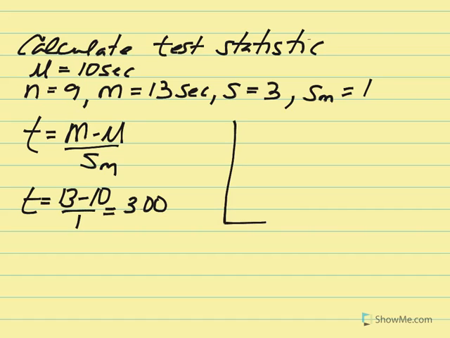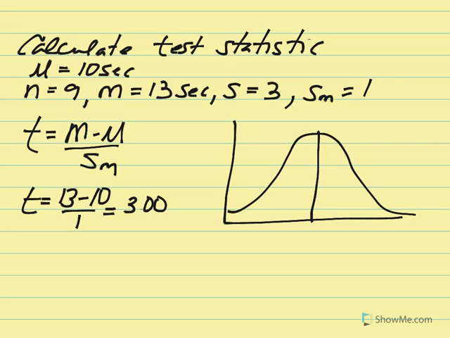Now going back to our graph that we had drawn in the previous slide, we have our critical t set at 2.896. And again, in the center here, I'm going to do something just to be really clear here, as clear as possible.